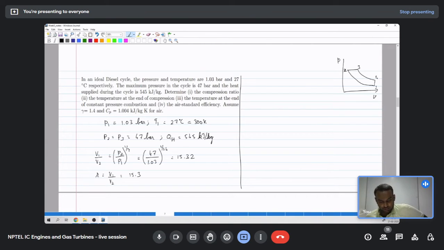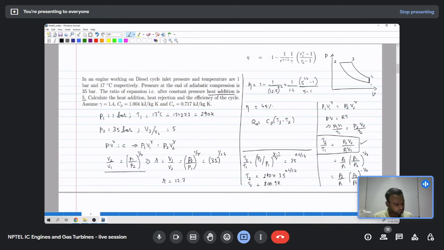With this, we need a cutoff ratio also to compute the air standard cycle efficiency. Now we know the heat that is applied, so we can now calculate the temperature at the end of compression stroke. So that is T2 by T1. We had the expression already derived somewhere.